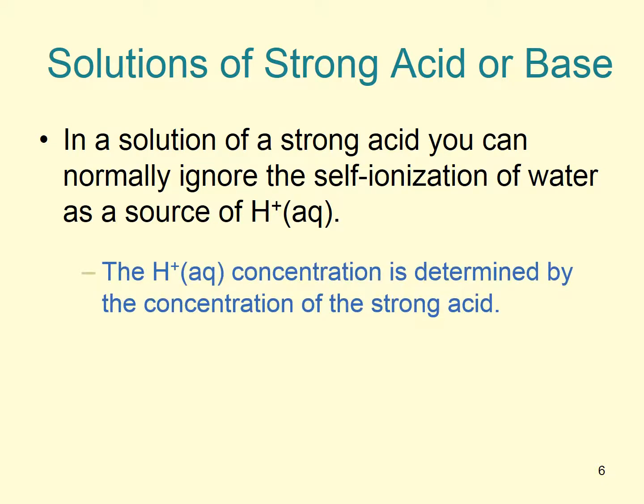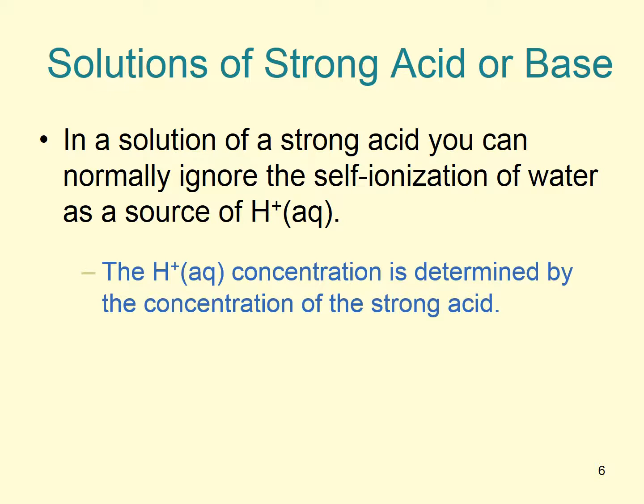the acid. So if we have a strong acid, we can determine what the H+ concentration is from the concentration of the strong acid because again we know the strong acid completely dissociates, so the concentration of the actual acid will also equal the concentration of the H+.